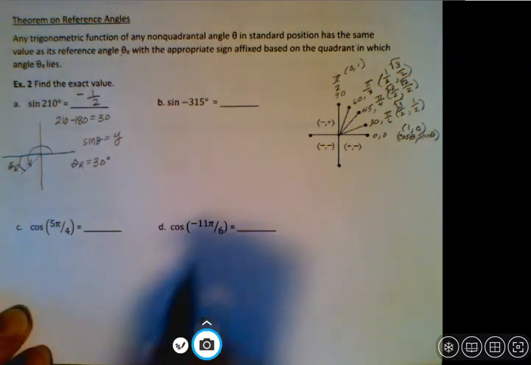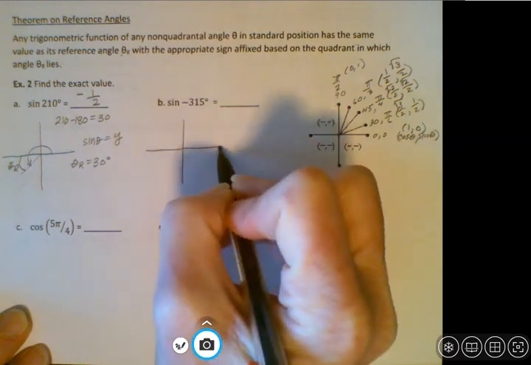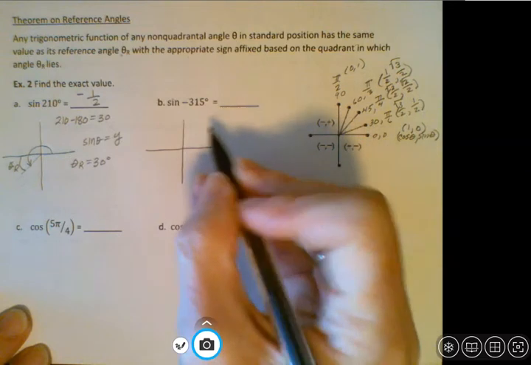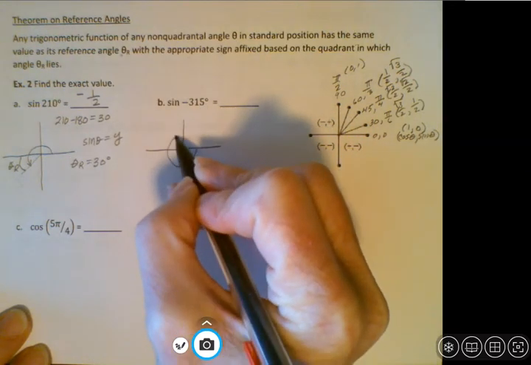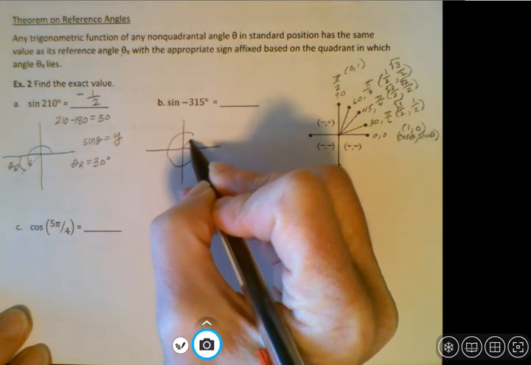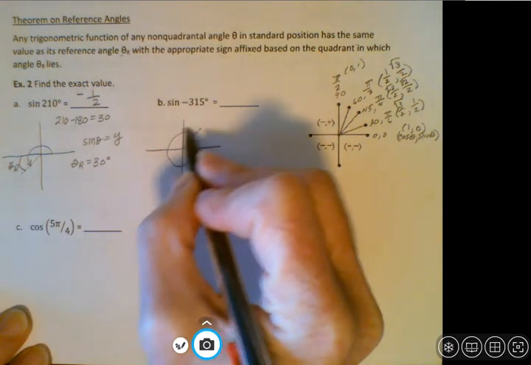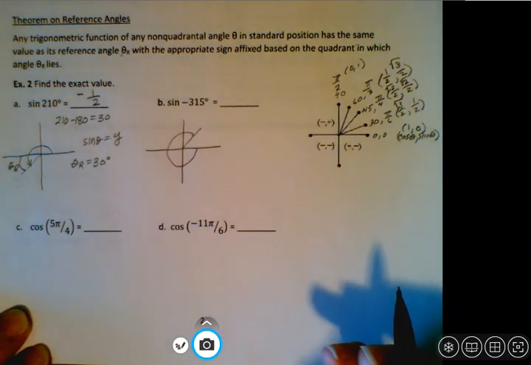Okay, in B, what's the sine of negative 315? Again, we may want to sketch this. Negative meaning going clockwise, not quite all the way around, but definitely into quadrant 1. Right? Somewhere like that is our angle theta. 270, an additional 315 degrees.